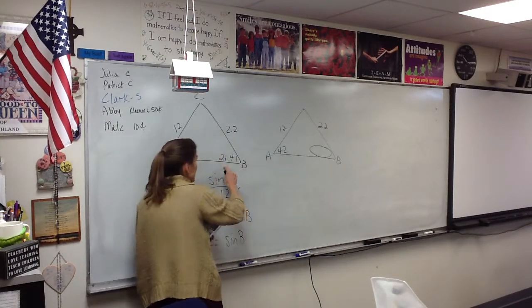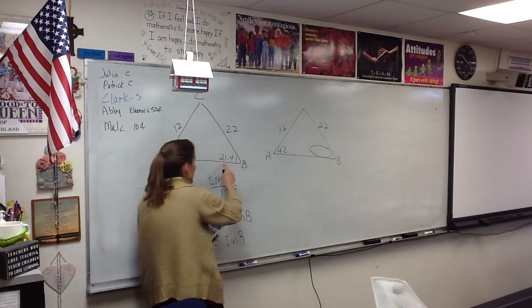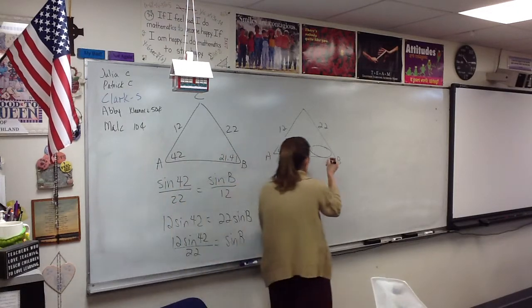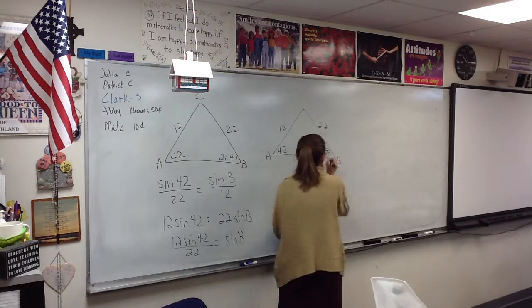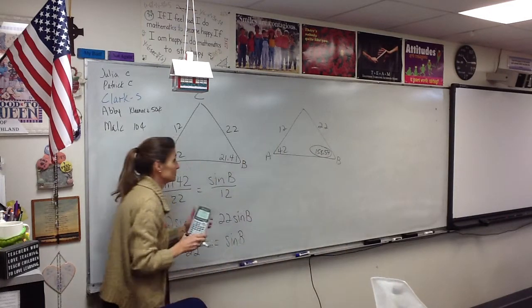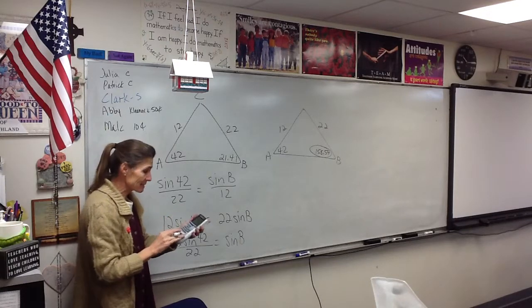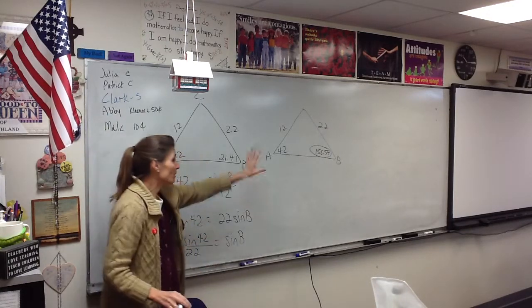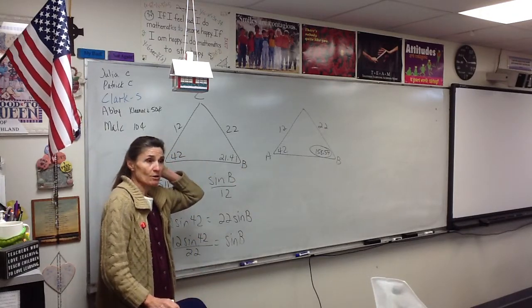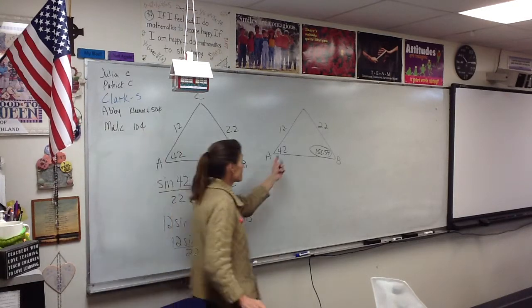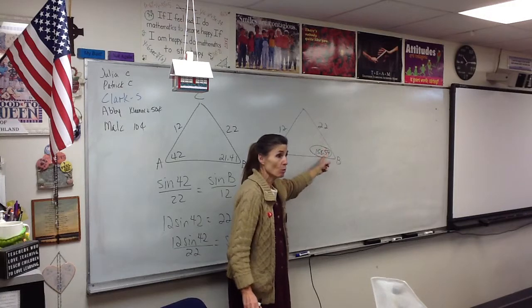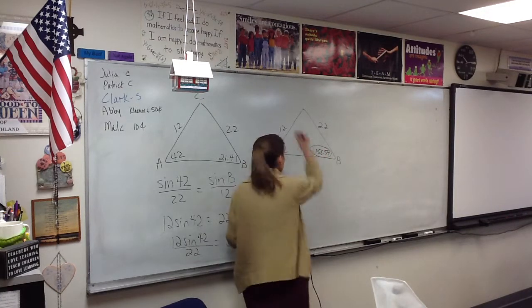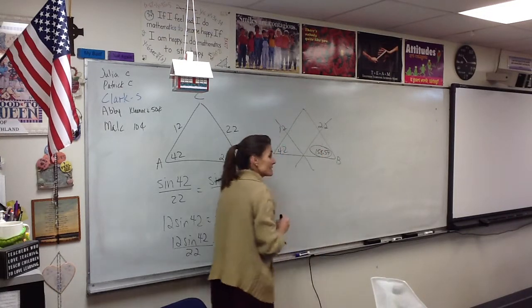Check to see if the supplement, 180 minus this, which happens to be 158.59, is it possible for that supplement to also be an answer? No, because these two add up to more than 180. So this triangle isn't possible.